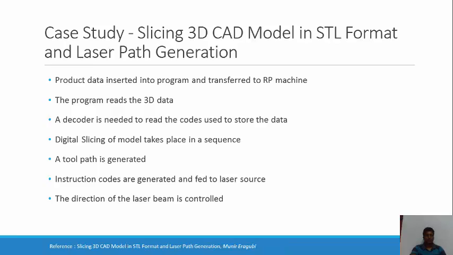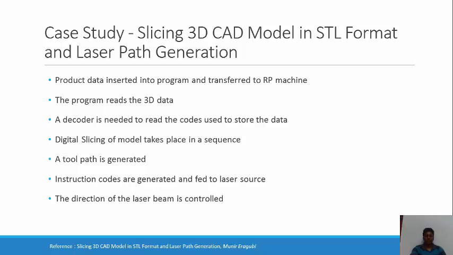Now we come to a few case studies. The first case study is regarding slicing a 3D CAD model in STL format and laser path generation, that is, tool path generation. The process of rapid prototyping is an integrated product manufacturing process without human interference.